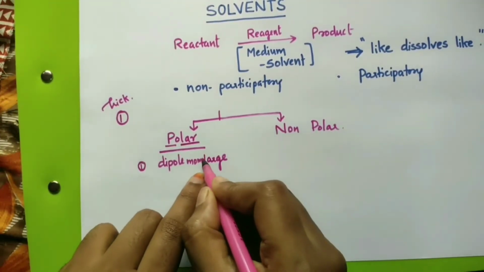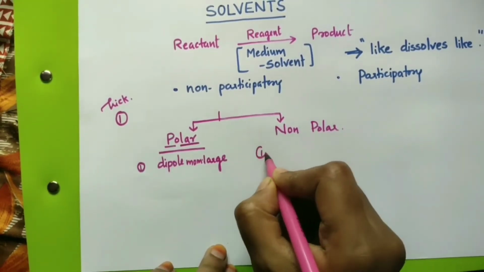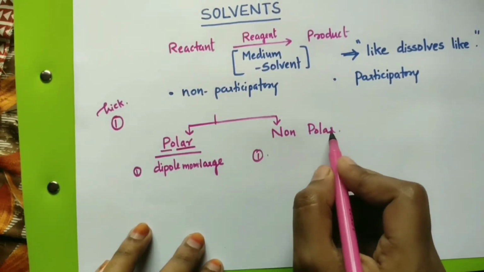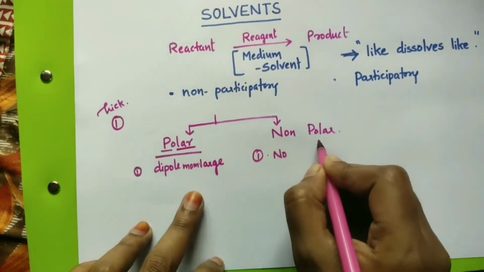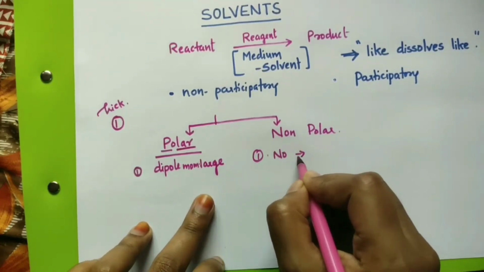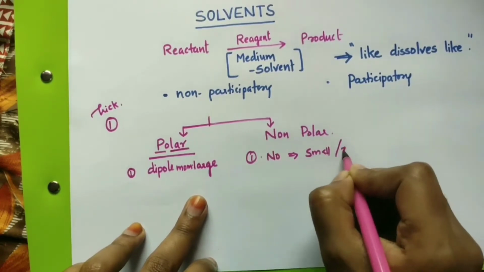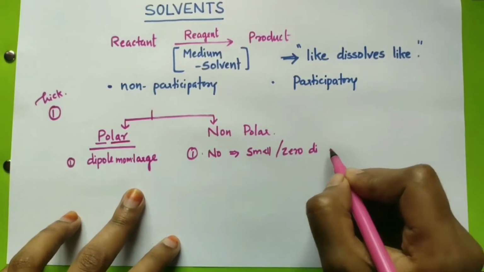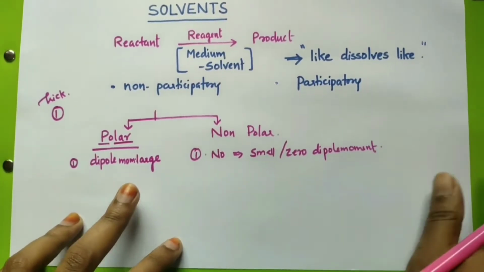That means dipole moment is large for polar molecules, whereas in the case of non-polar molecules, the prefix is non. Non means no large dipole moment. That implies it has small or zero dipole moment. Are you understanding, students?